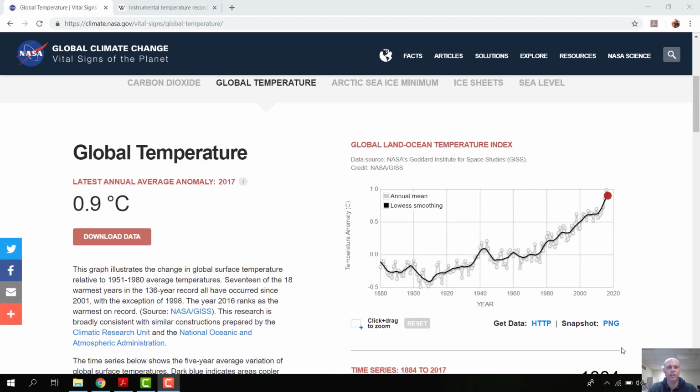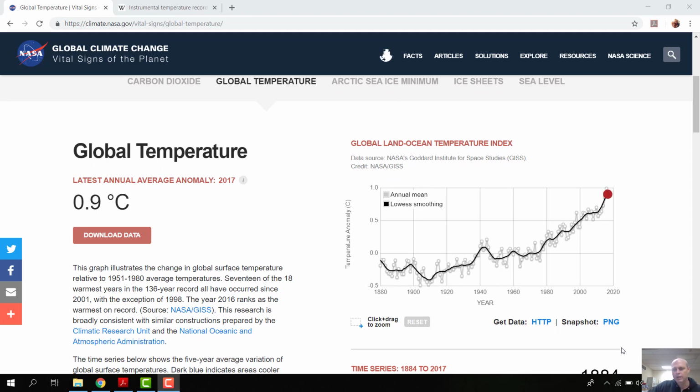So when we look at global temperatures, and this is all information from either NOAA or NASA, both governmental agencies, they have data here that goes back to the 1880s. And on this first graph, what you can see is temperature anomalies.